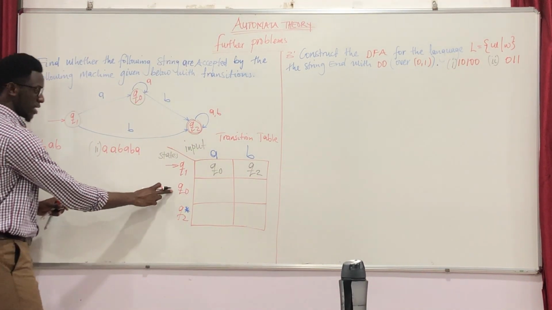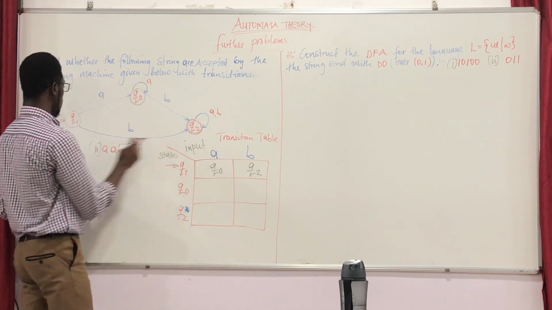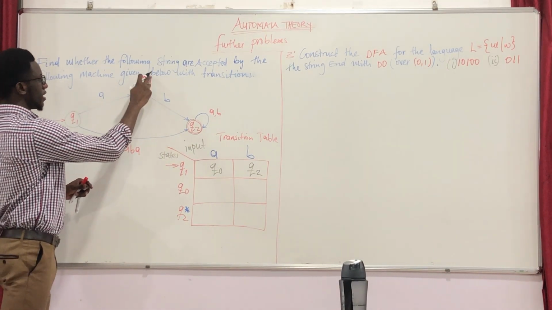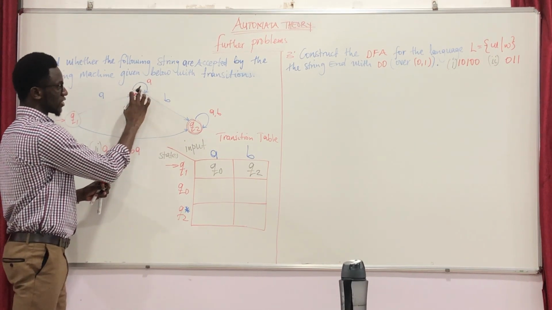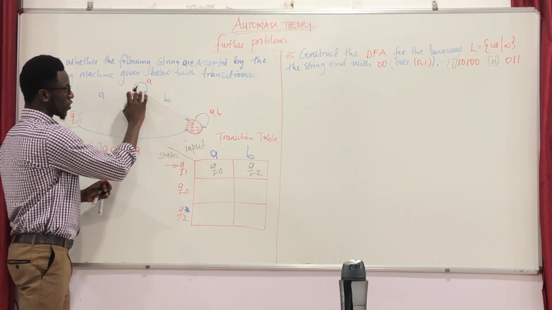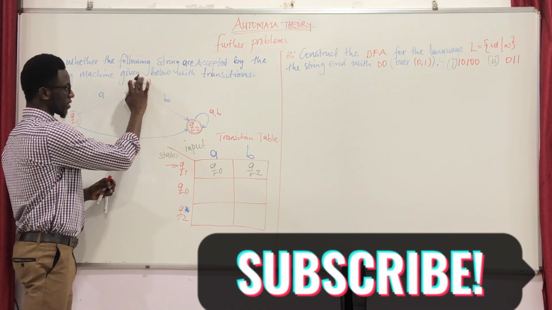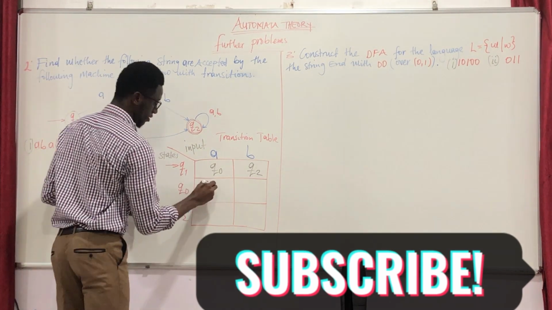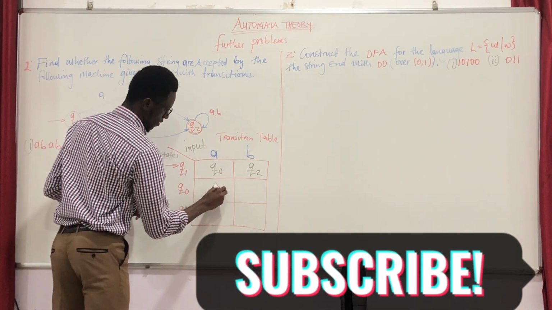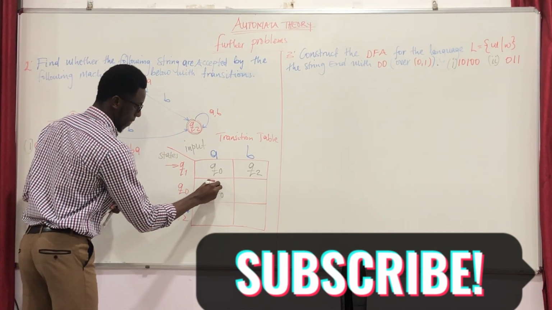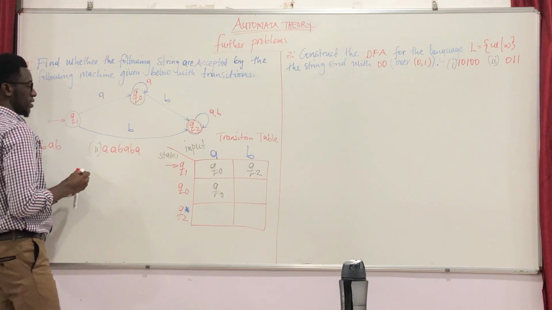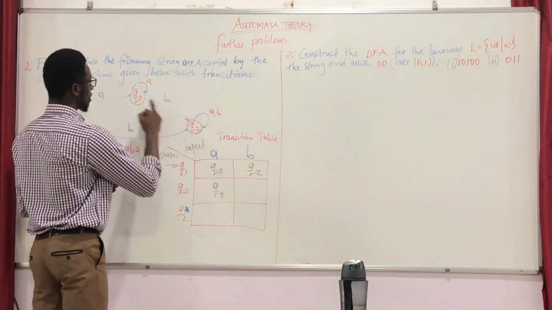Then again, come here, Q0A. Q0A is the same Q0. As you can see in the transition, Q0 just goes to itself. So here we can say Q0. Then Q0B.